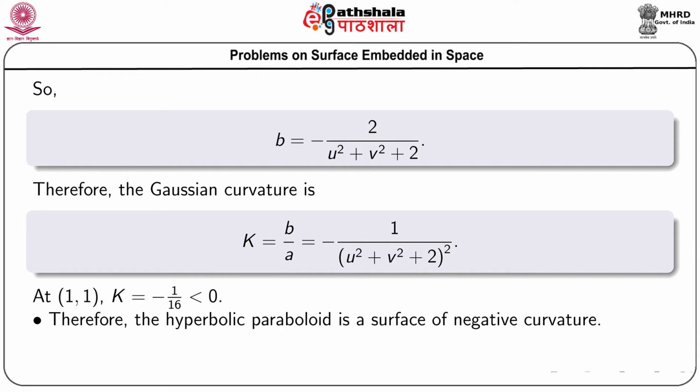So, we can say that the hyperbolic paraboloid, that means this surface, is a surface of negative curvature.